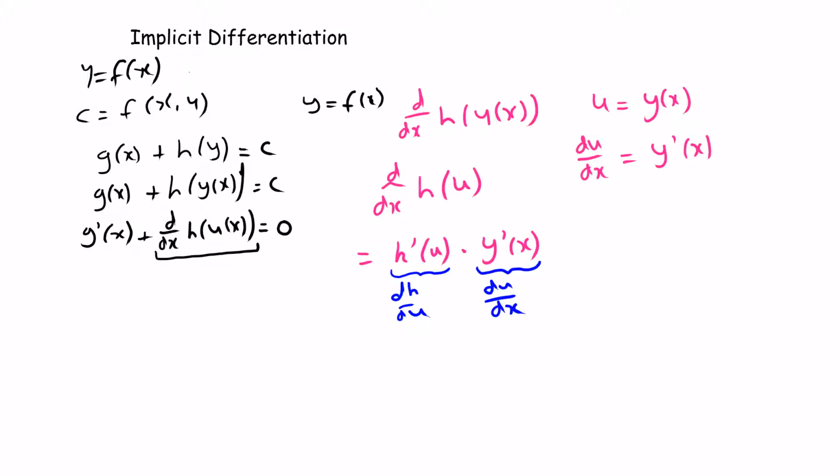So going back to differentiating g of x plus h of y, we've got g prime of x plus h prime of y of x, times y prime of x. Now we can write y prime of x as dy by dx.